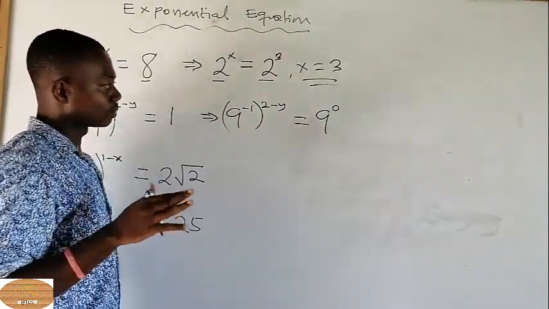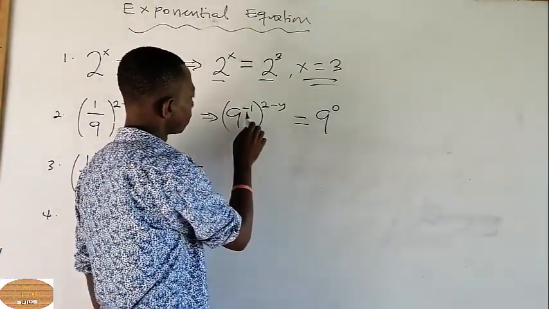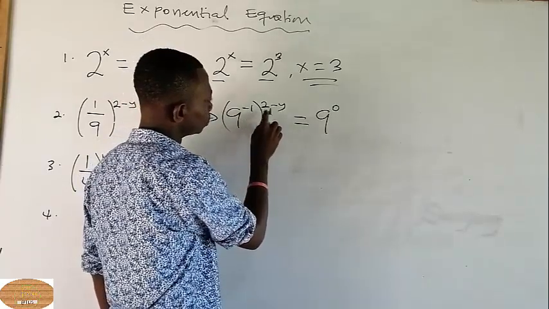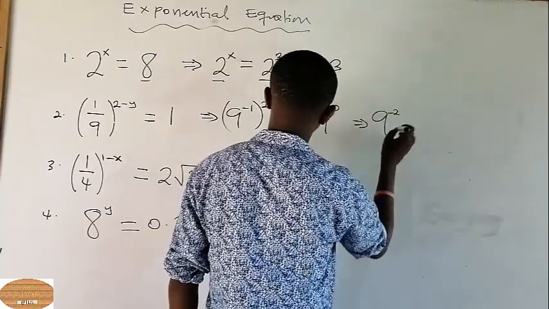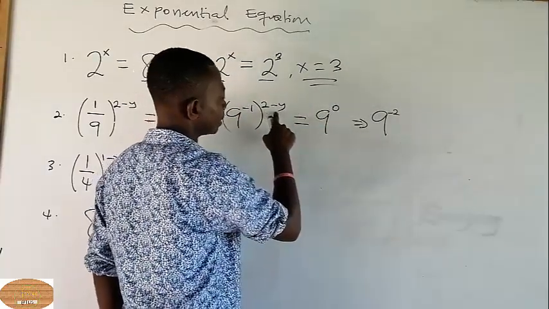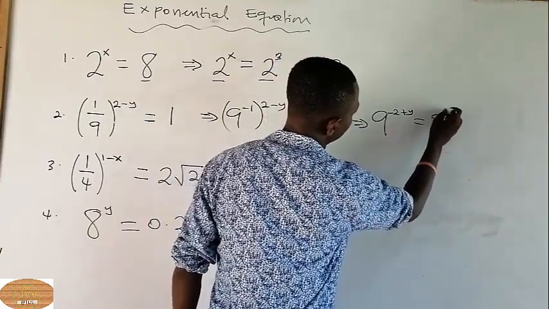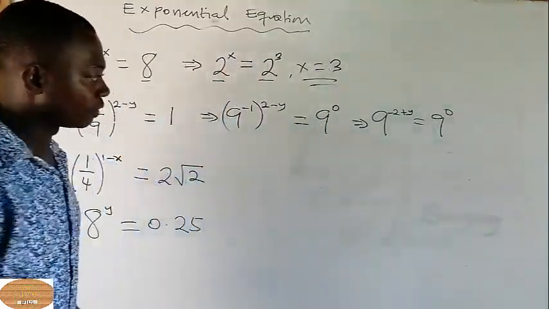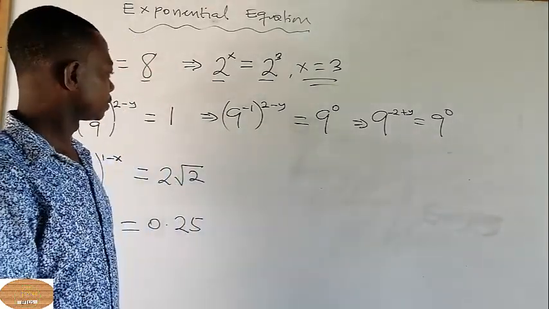So with this, I can deal with the exponent. Minus 1 times 2, I'll get minus 2. Then minus 1 times minus y, I'll get plus y, equals 9 to the power 0. So I have equal bases, so I can equate the exponents.